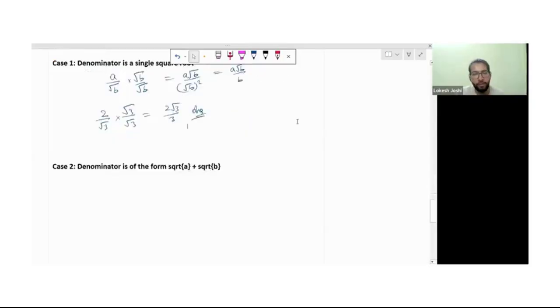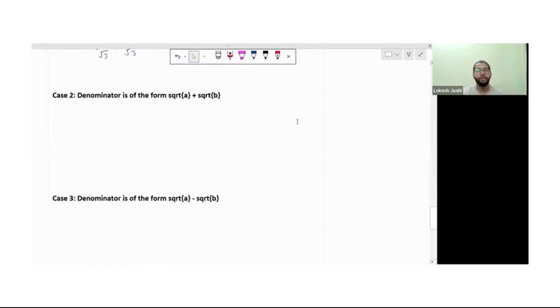Okay. Now case 2: when the denominator is of the form square root a plus square root b. If we have square root a plus square root b, which number can we multiply it by so that the answer will be rational?